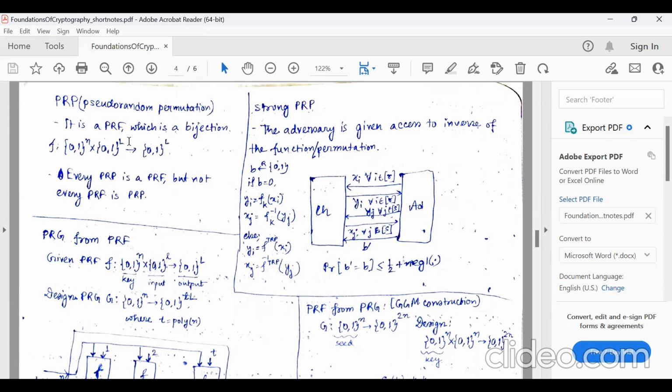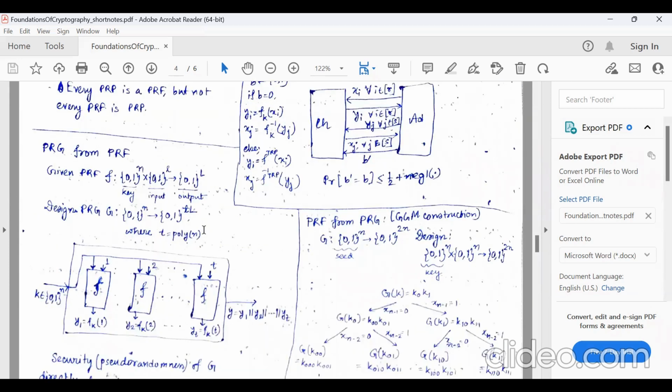But in a strong PRP, the adversary is also allowed to query the challenger with some yi's of the output space and get back the corresponding xi's such that xi is f inverse of yi under the secret key k. The adversary's job is again to distinguish between PRF output and truly random function output. So the game is exactly the same, just the adversary is stronger here because it has access to the inverse oracle of the function. So that is strong PRP.